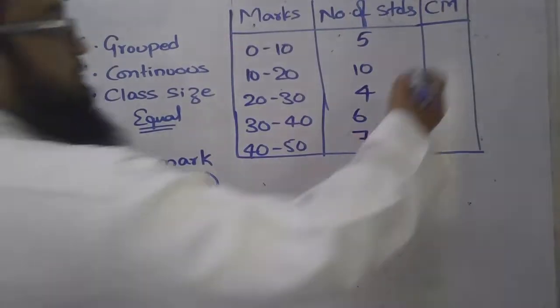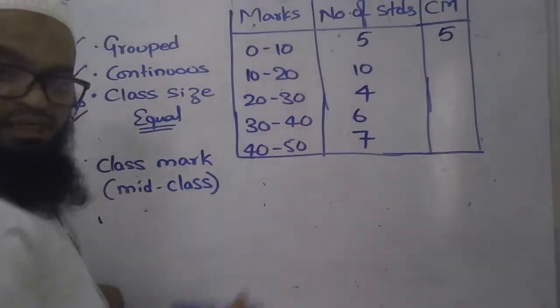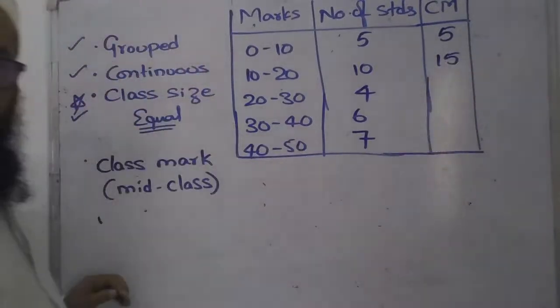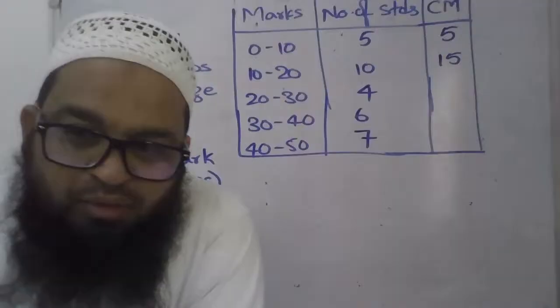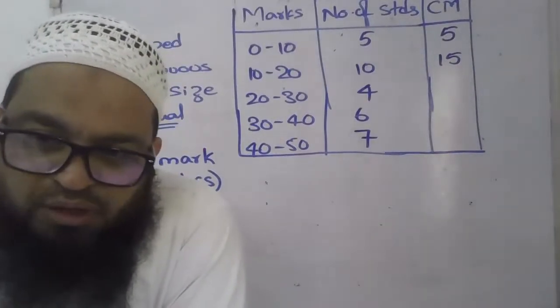5. Very good. And what is 10 plus 20? 30. 30 divided by 2, 15. Everybody understood? Wait, students, 1 minute, my dear friends.